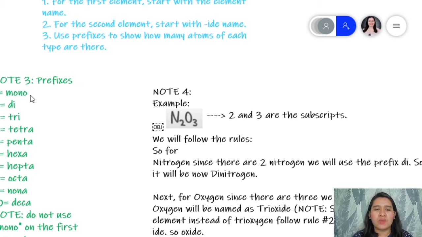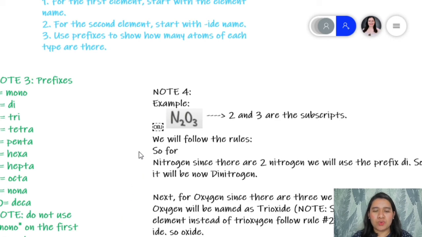For number 1, we will use the prefix mono. For number 2, di. For number 3, tri. For number 4, tetra. Number 5 is penta. Number 6, hexa. Number 7, hepta. Number 8, octa. Number 9, nona. And number 10, deca.